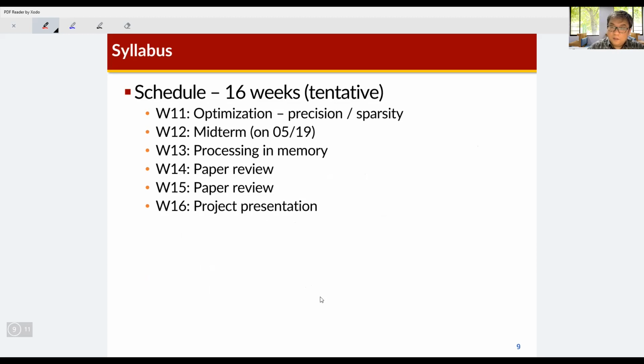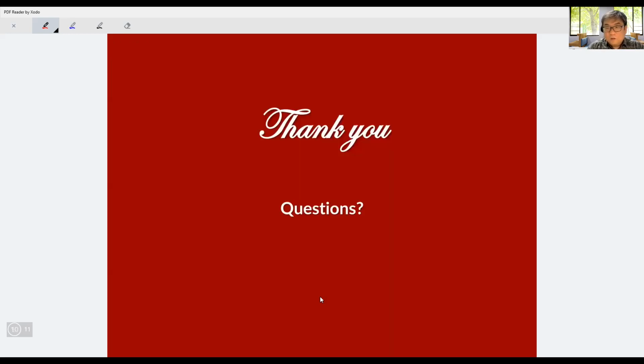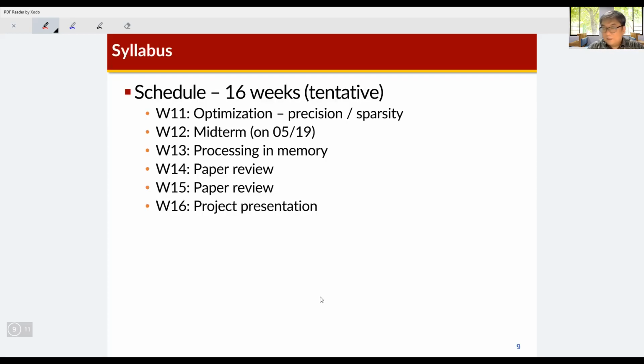The midterm is planned on May 19th, but it can be changed. This is the plan, okay? And then processing in memory, then a final project presentation or final exam. So this is the end of the syllabus.